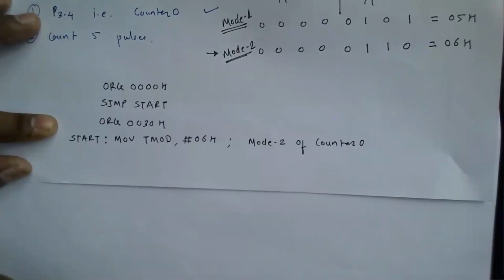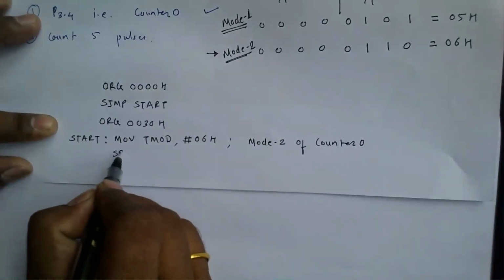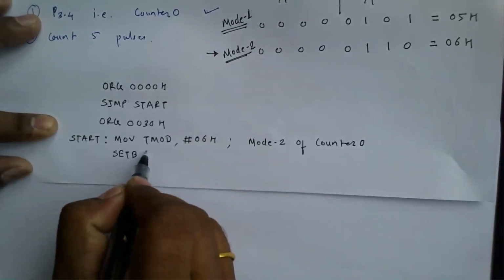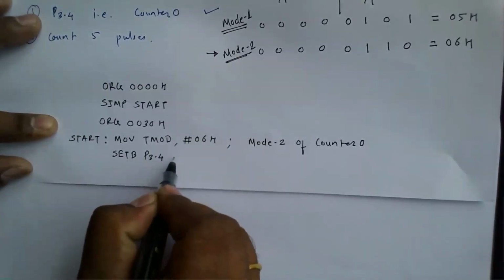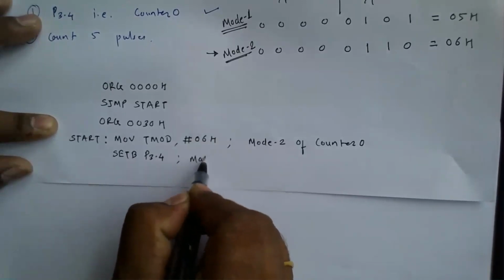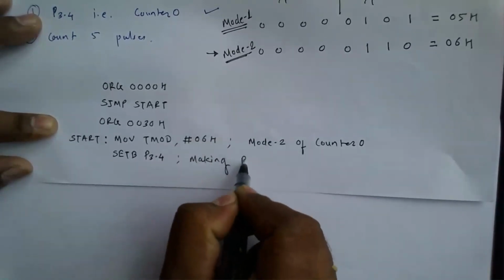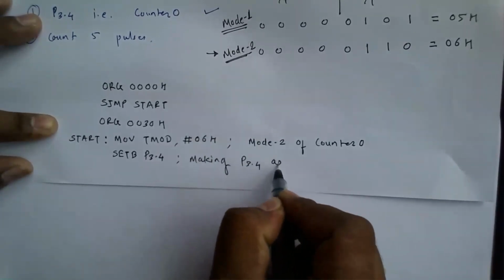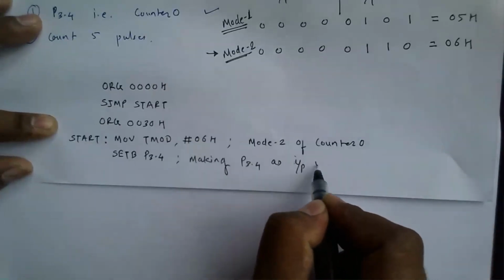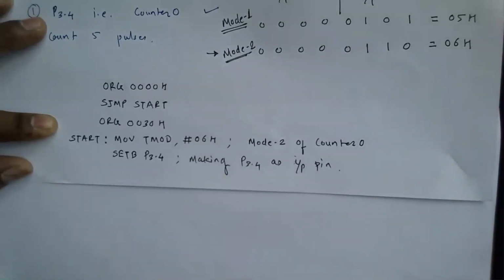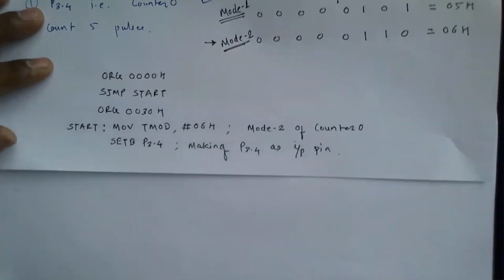So we are counting 5 pulses at pin 3.4. So let's SETB pin 3.4, that is making pin 3.4 as input pin. Okay, now we made that pin as input.